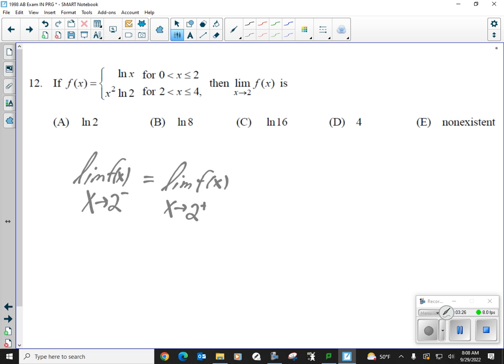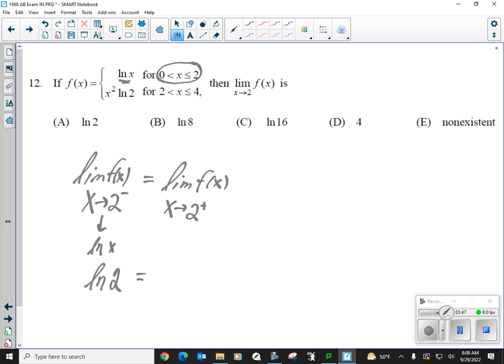Right at 2, the numbers to the left, smaller than 2, use this one. So the limit of ln of x as x approaches 2 would be the ln of 2.